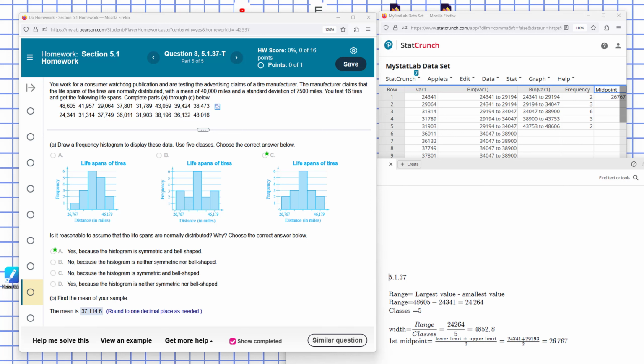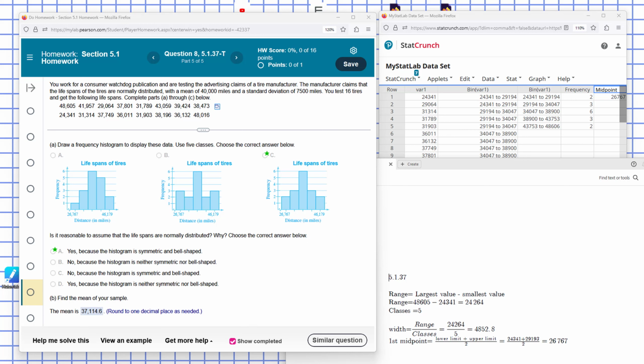Now, in this problem, chapter 5, section 1, problem 37, they want you to... you work for a consumer watchdog publication and are testing advertising claims of a tire manufacturer.